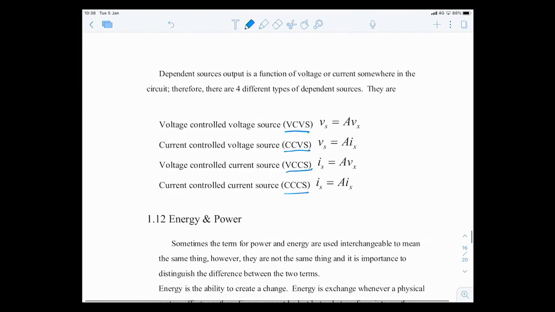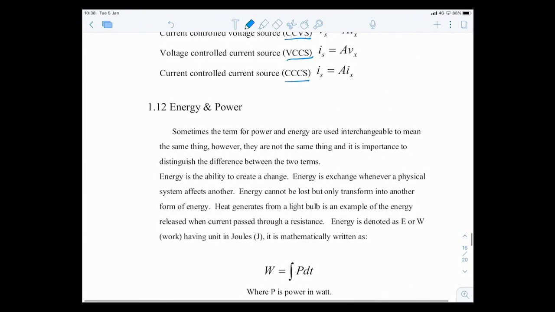Next one, energy and power. Two terms. Energy: how do you know something is generated? Imagine that you turn on a light bulb. Give it a few minutes, and then you touch it.